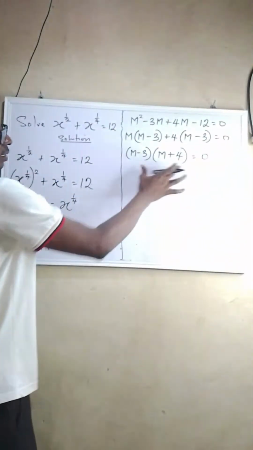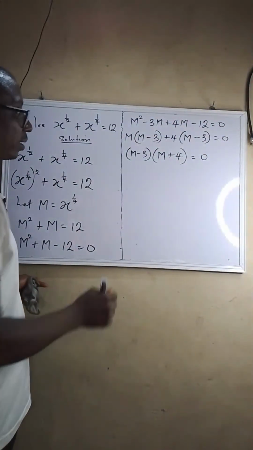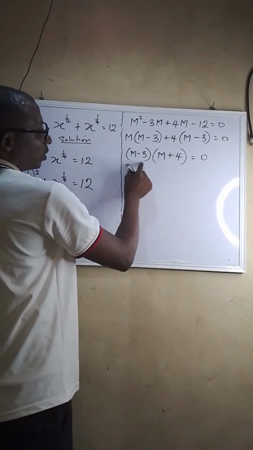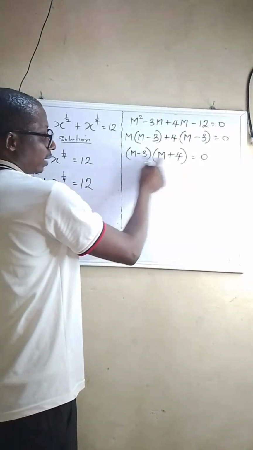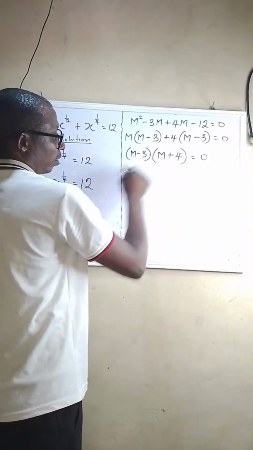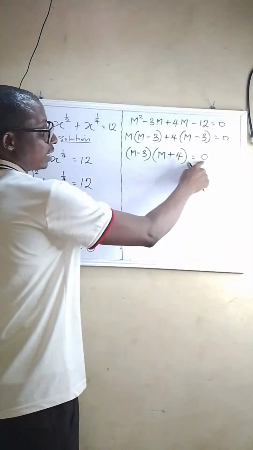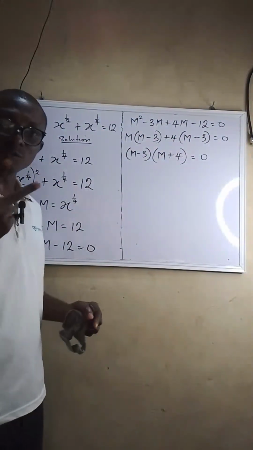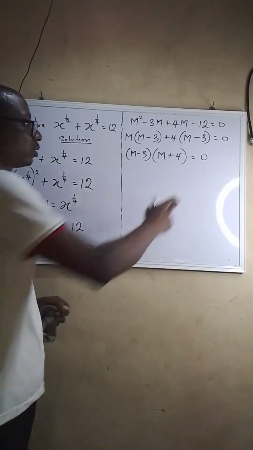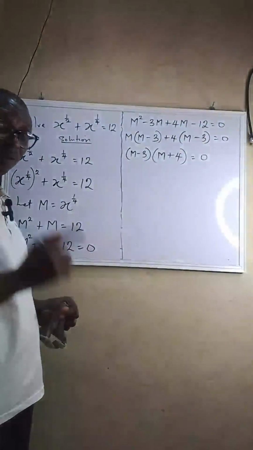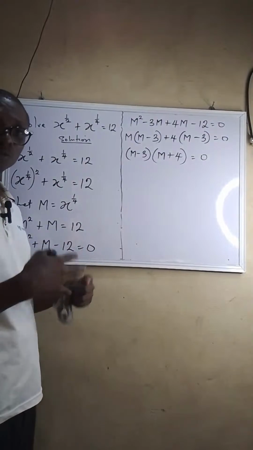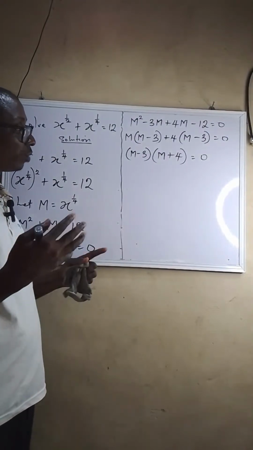Now when you look at what we have here, the left hand side, you see that we have these two factors multiplying each other. So this and this are multiplying one another to have 0. If you have two numbers multiplying each other and the result is 0, you know one of them must be 0, or the two are 0.